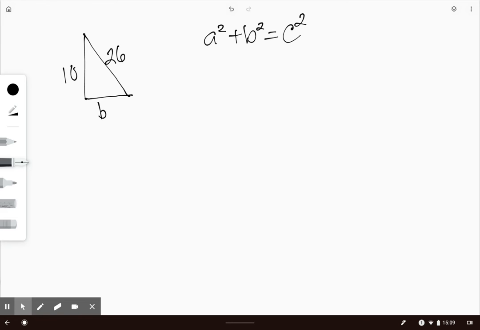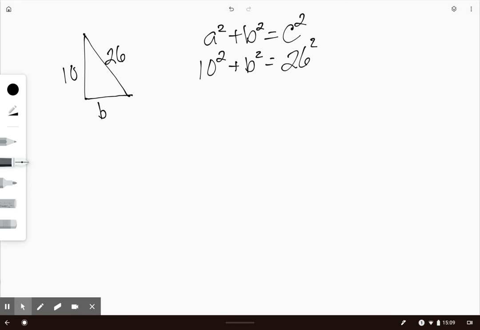So this time I know A. So I'm going to substitute 10 for A. And then my hypotenuse is 26, so I'm going to substitute that for C.